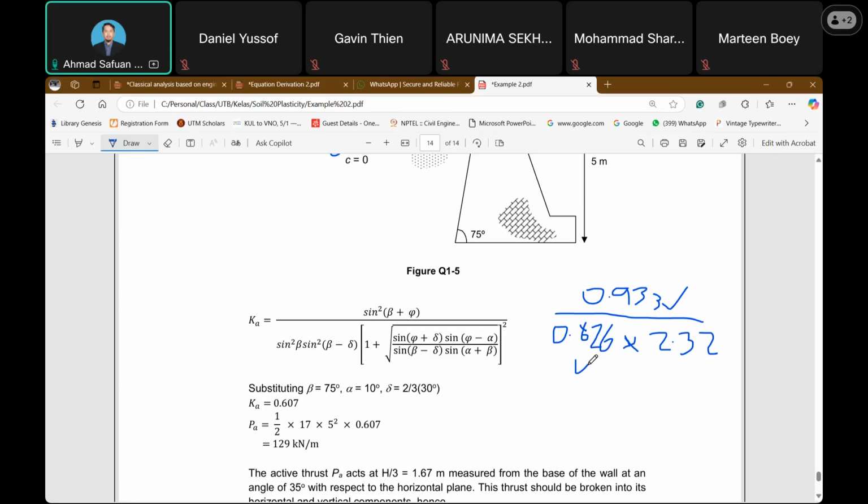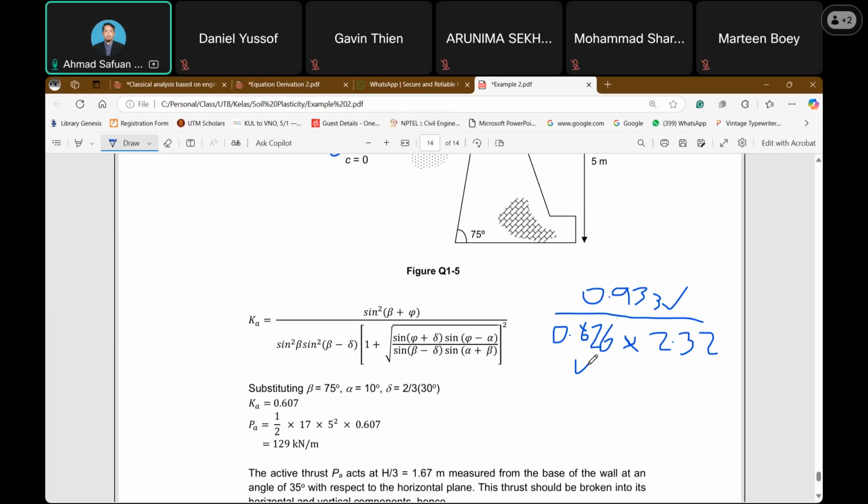Sin 50, sin 20, sin beta 75 minus 55, sin 75 minus 20.